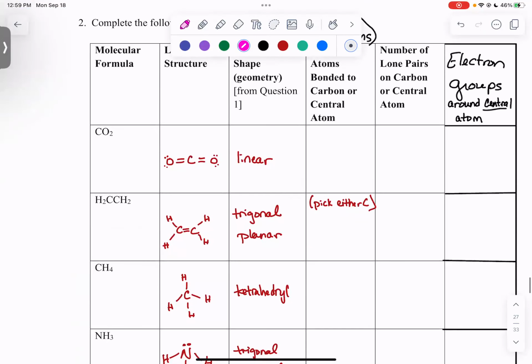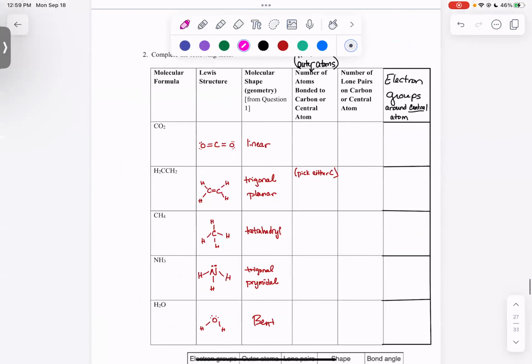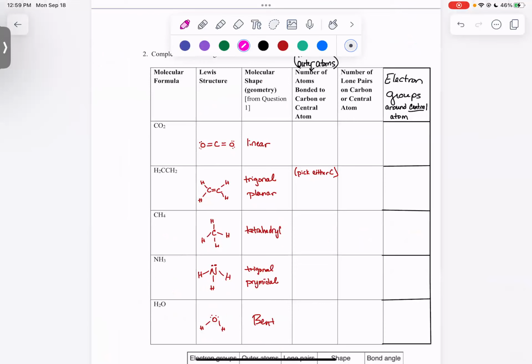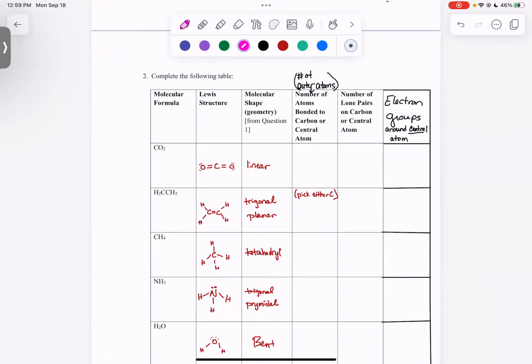Okay, so now complete the following table. We did these Lewis structures and we identified the molecular shape, so now we're just doing it in reverse. I added another column to this: electron groups around the central atom. This is kind of what we did first.